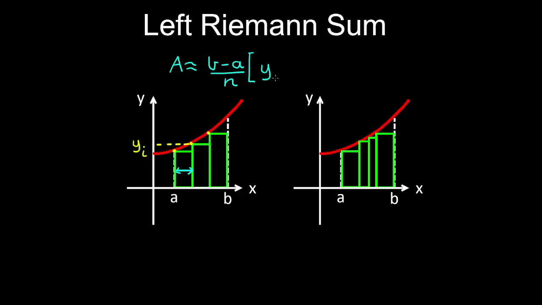So that would be the sum from y0 to yn minus 1, because the initial rectangle has a height of y0 and the final rectangle has a height of yn minus 1, as defined by the function of the curve.